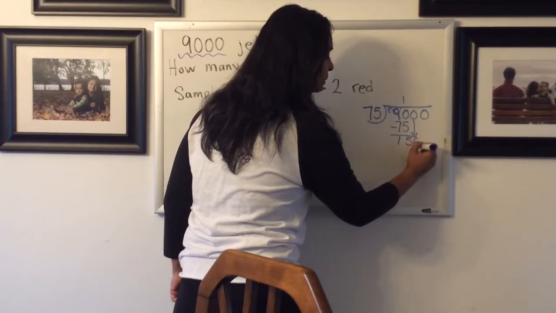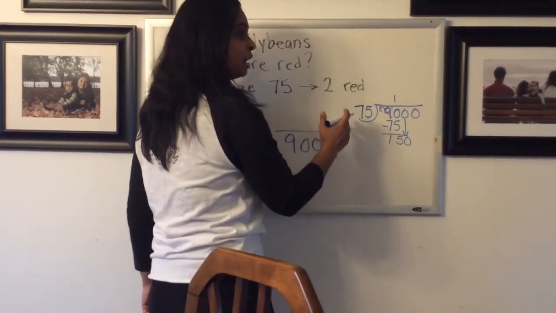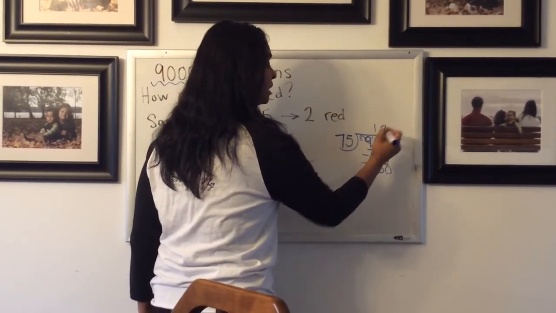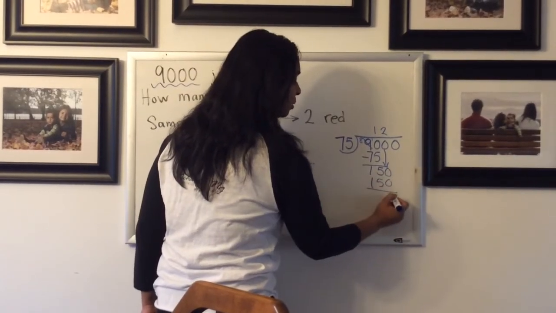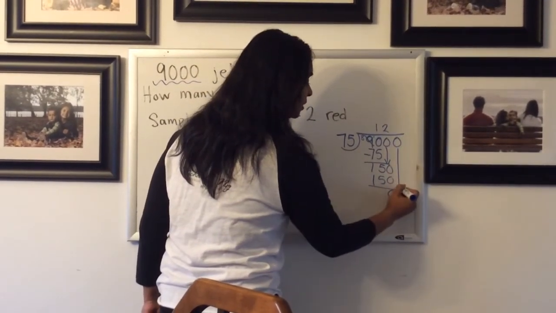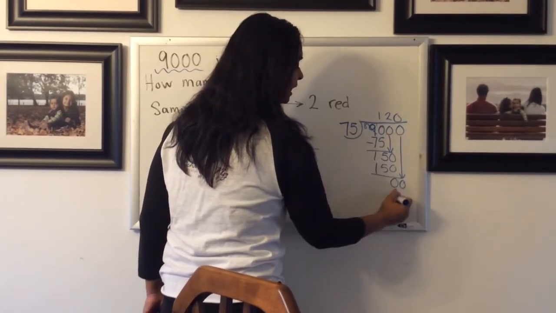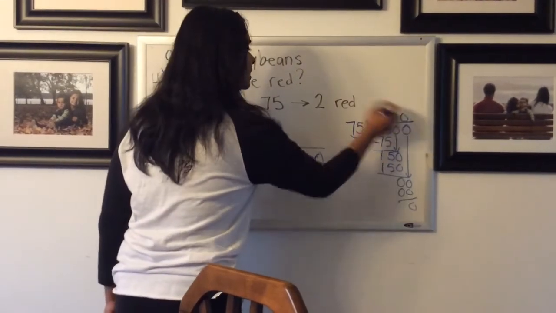I'm going to bring down the next place value here. So 150. Now, using my mental math, I know that would be 2 times. 2 times 75 is 150, which would give me a remainder of 0, and then I've still got this one here, which I'm going to use as well, and get to my final answer. So it's 120.